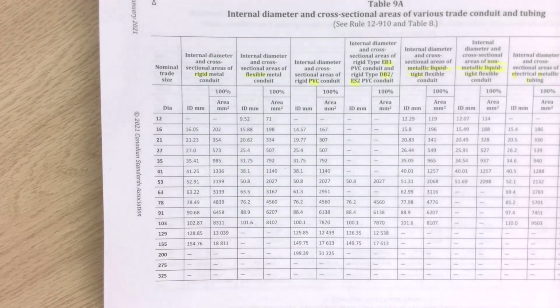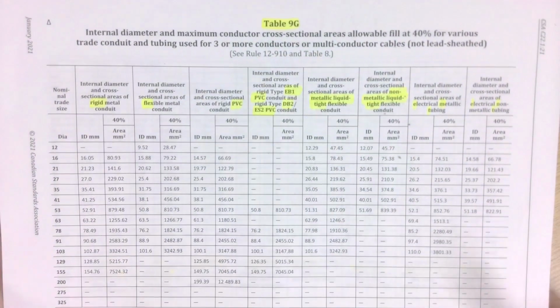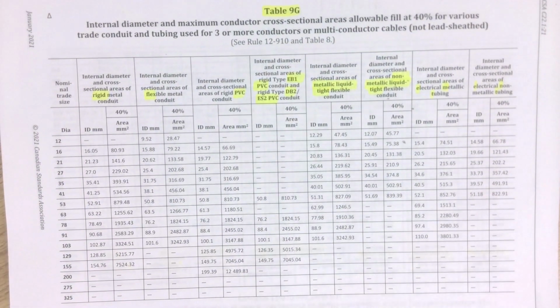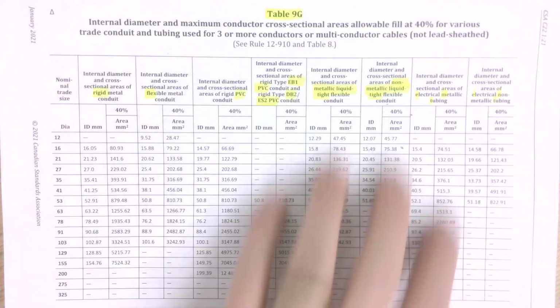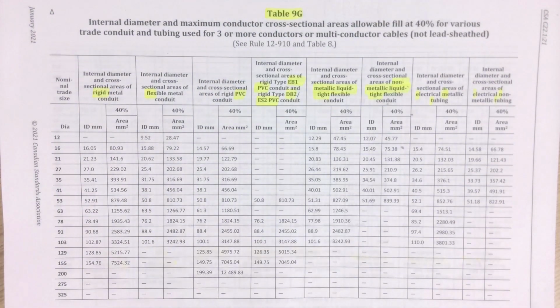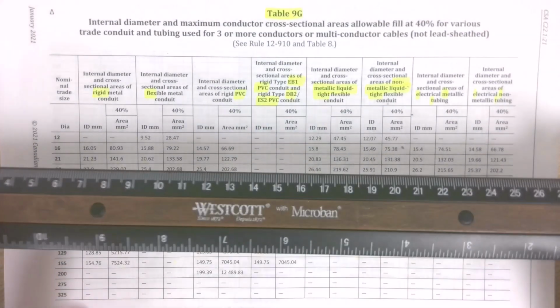Now we don't have that, we have 40%. So we know that we can just go to Table 9G because we can do 40% conduit fill because of that third wire, which satisfies our bonding requirements. We're in PVC. We have 969.33 millimeters squared.